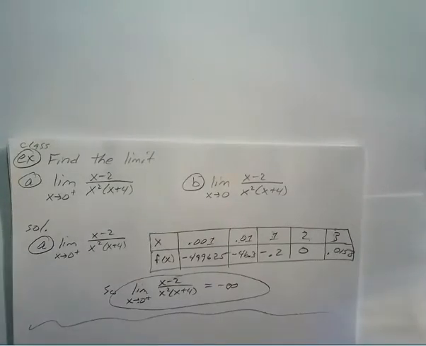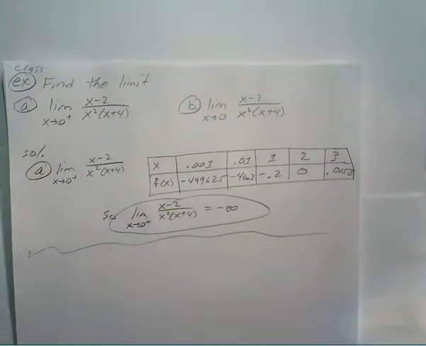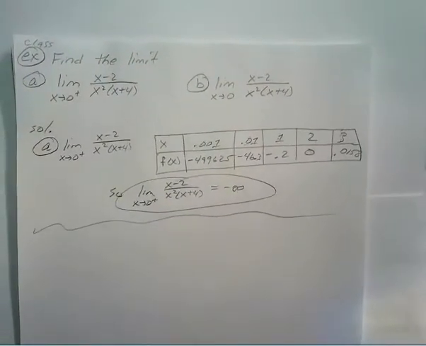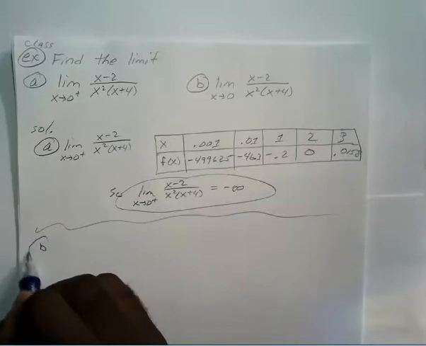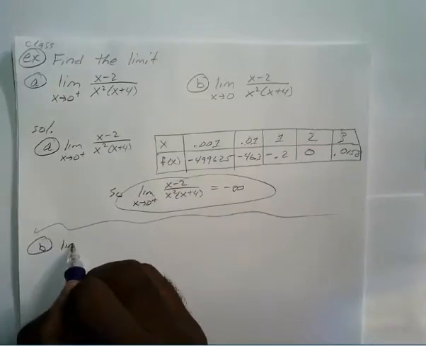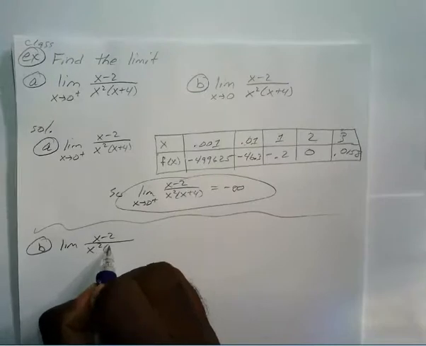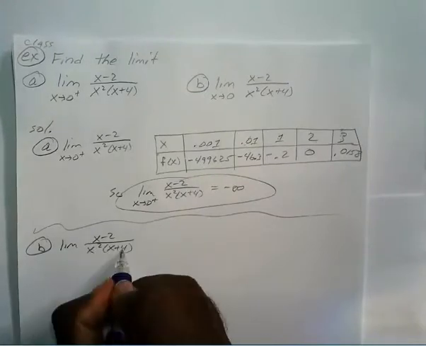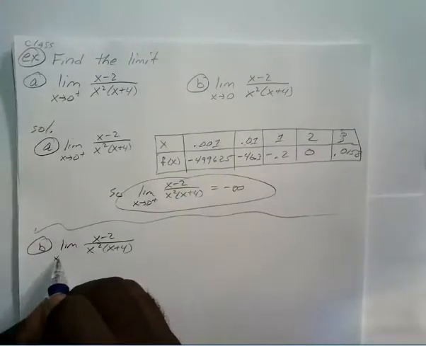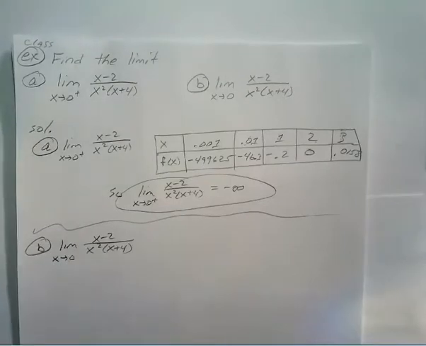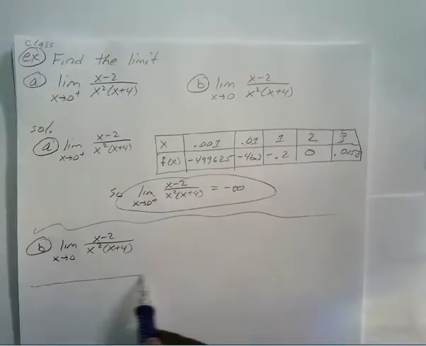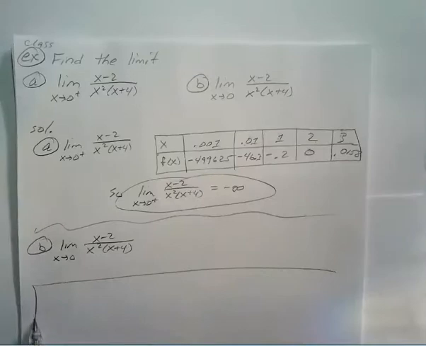Okay, now looking at problem B, the limit of x minus 2 over x squared times x plus 4 as x approaches 0. Again, just making up our table.